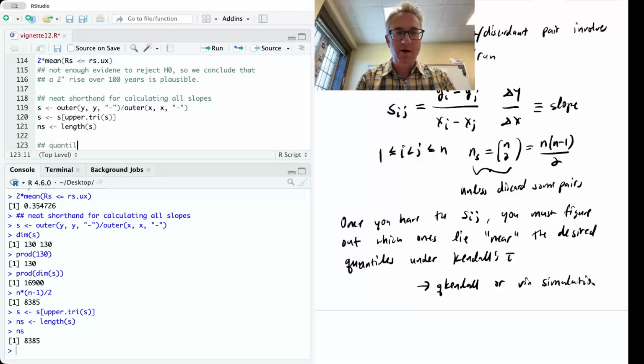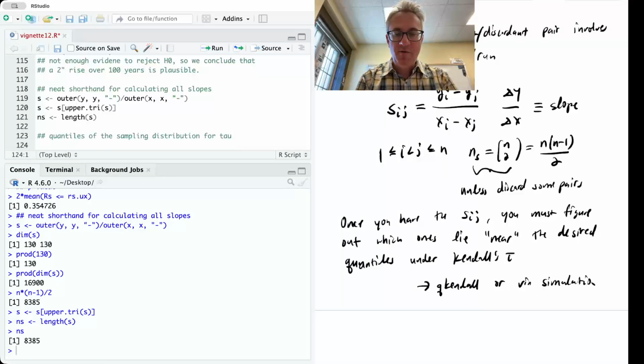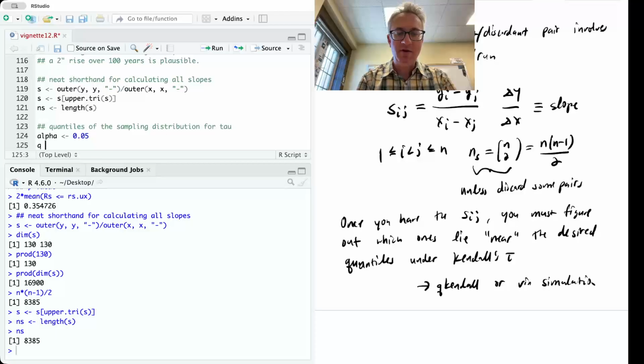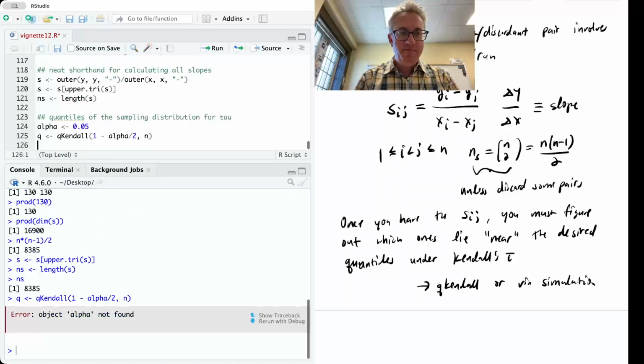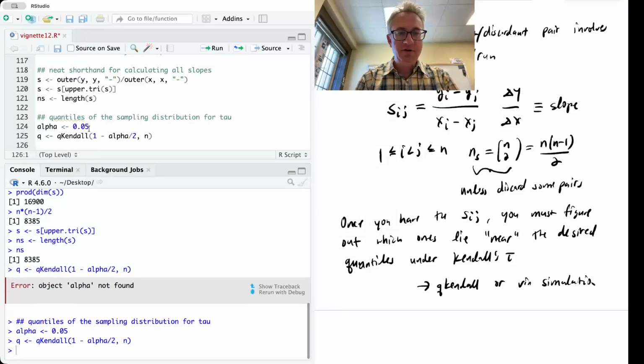So quantiles of the sampling distribution for tau. So I want a 95% interval, so I'm going to do alpha is 0.05, and then q is qKendall using the SuppDists package, and n. So I better run both of those lines of code.